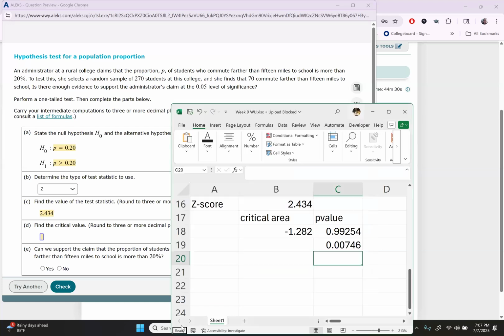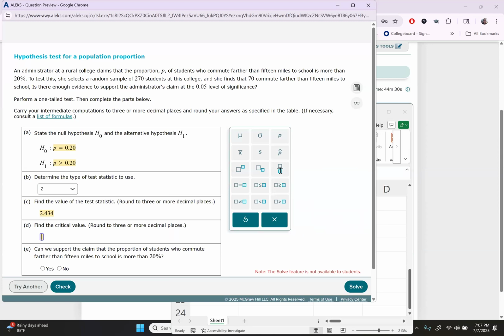The critical value in our case, we're going to say is at the 0.05 level. So we're going to go here. We're going to say, okay, we want 0.05. And it's going to be either 1.65 negative or positive. In this case, it's going to be 1.645.